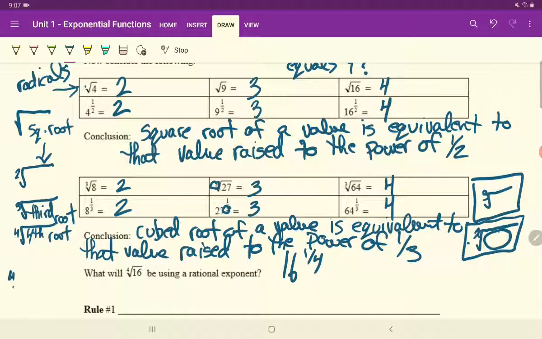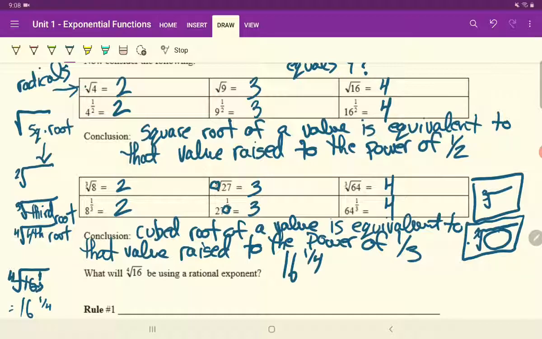If I wrote the 4th root of 16, what exponent is on this 16 here? If you just see a number, you know that the exponent on it must be a 1. And that's where the 1 comes from. So what happens is, when you convert this to a rational exponent, that 4 shoots down into the denominator below that 1 to get 16 to the power of 1 over 4.